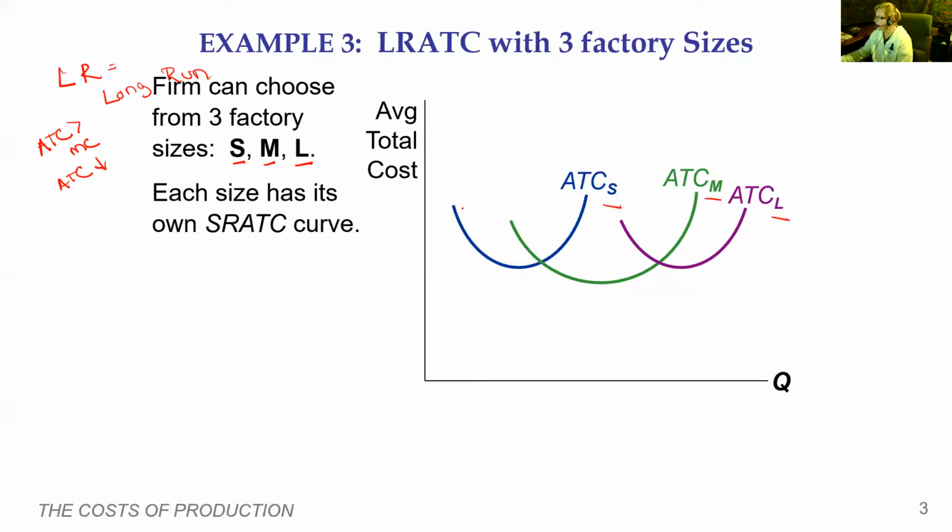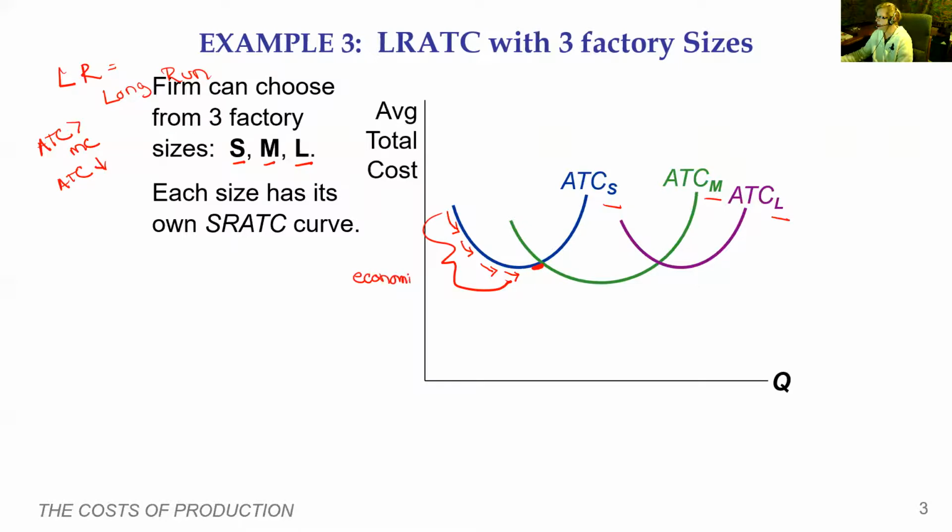Now these are our average total cost curves. So what I want you to see is that here, our average total cost is falling. It's going to hit a point, and we're going to say the point is right about here. As this is decreasing, we call this economies of scale.